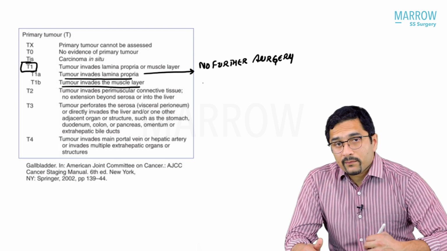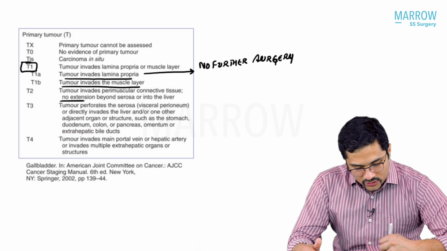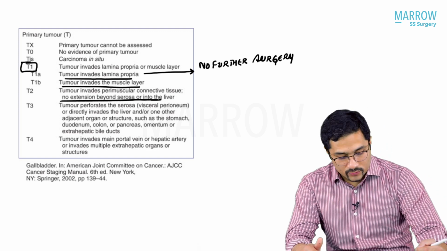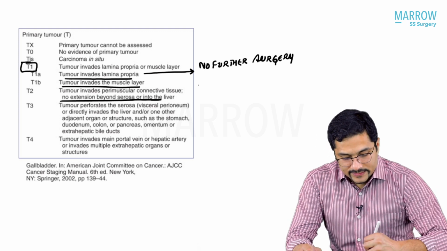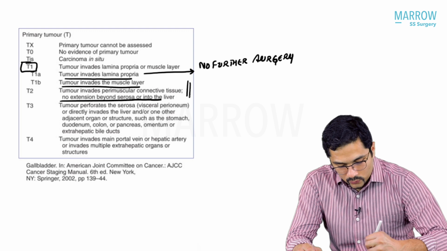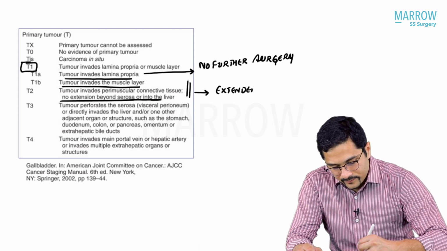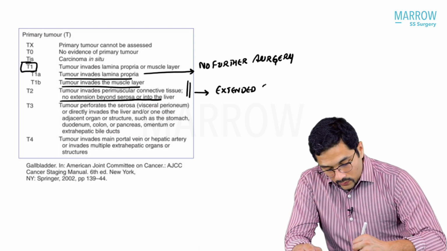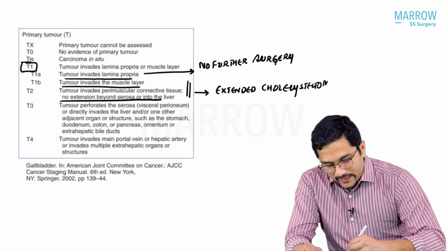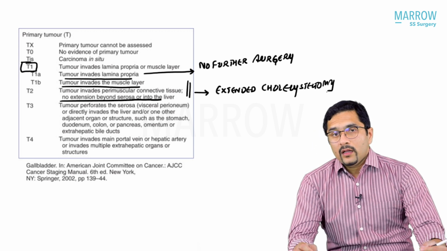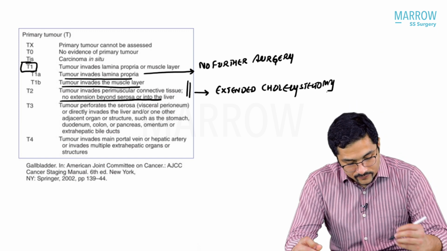But if it is T1B disease that is involving the muscle layer, or it is T2 which invades the perimuscular connective tissue with no extension into the serosa, in these patients you will need to do an extended cholecystectomy, where you remove segments 4B and 5 of the liver, and you clear the lymph nodes along the hepatoduodenal ligament as well.